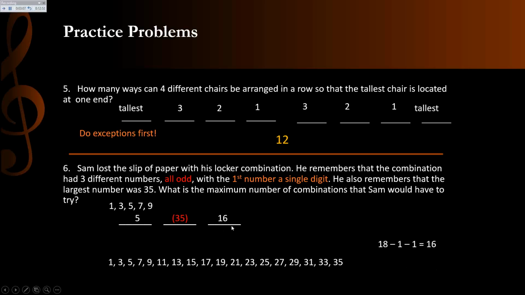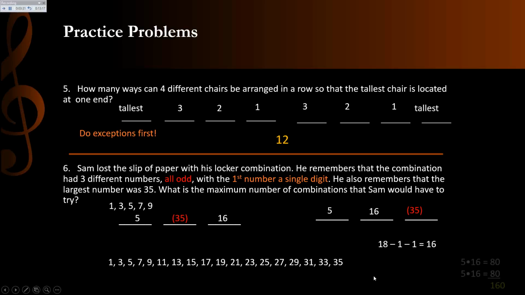However, let's look at this. This is one combination, but what if I had my 35 over here? So then I would still have, well, I put my 35 at the end instead of here, but I would still have the 16 that I had here, and I would still have the 5 that I had here. Everything remains the same except the placement of this 35.